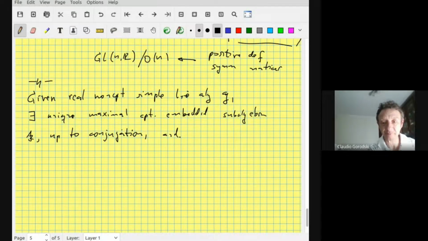Well, I can say just maximal compact, it will be automatically compactly embedded, meaning that the adjoint action of K on G preserves the inner product.